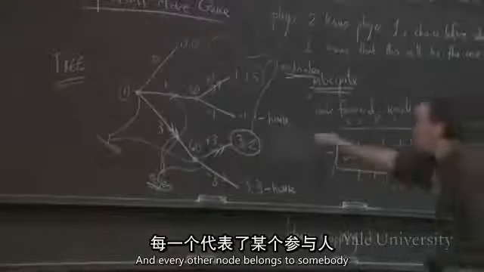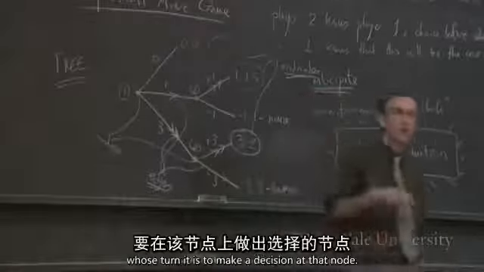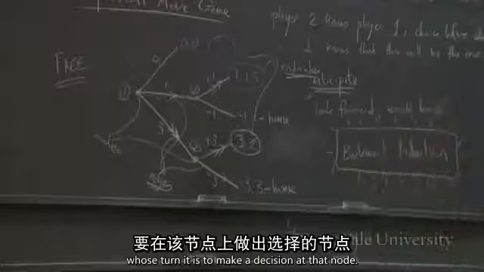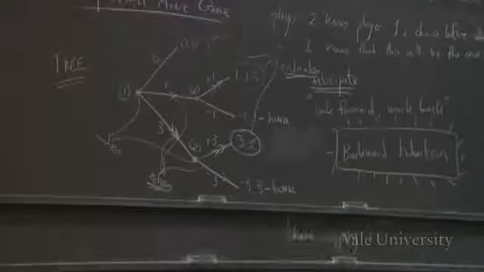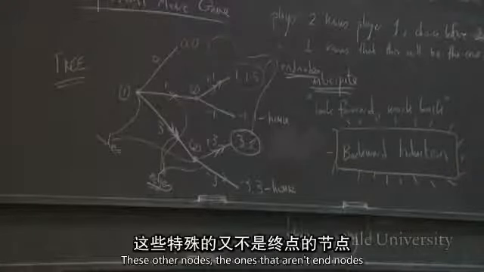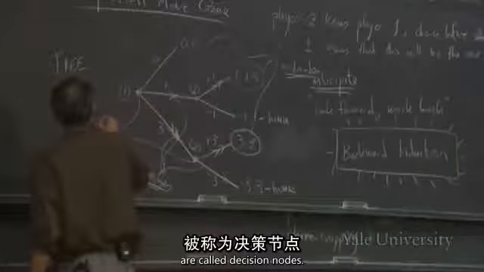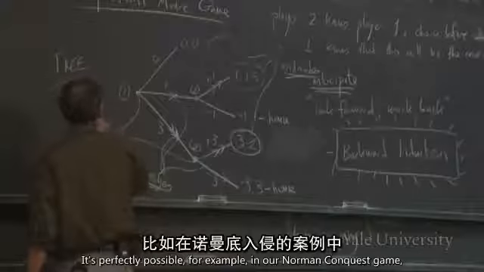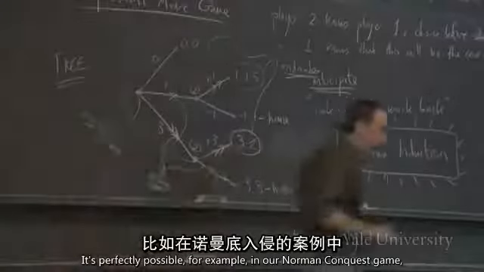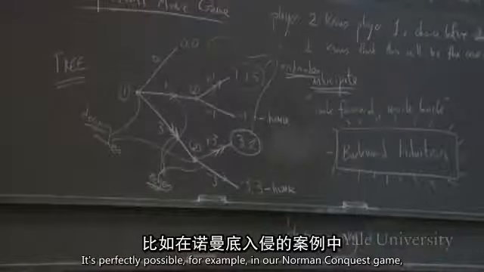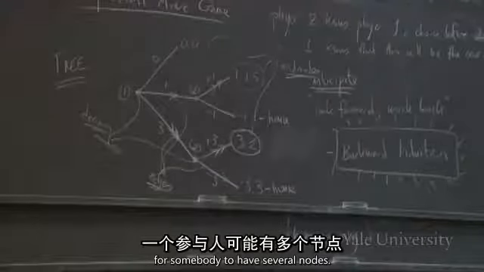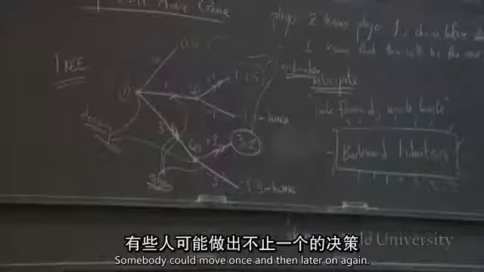And every other node belongs to somebody whose turn it is to make a decision at that node. All right? So these other nodes, the ones that aren't end nodes, are called decision nodes. And it's perfectly possible, for example, in our Norman Conquest game, for somebody to have several nodes. Somebody could move once, and then later on in the game.